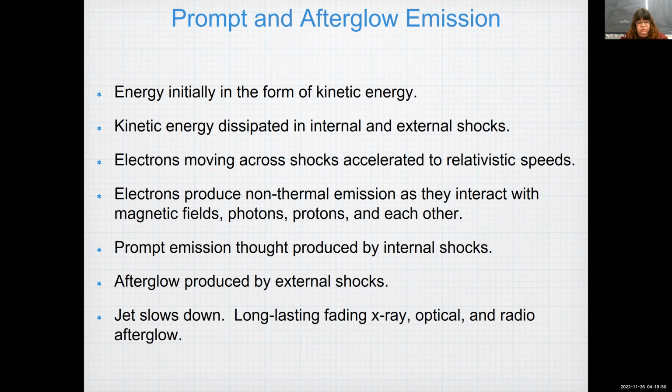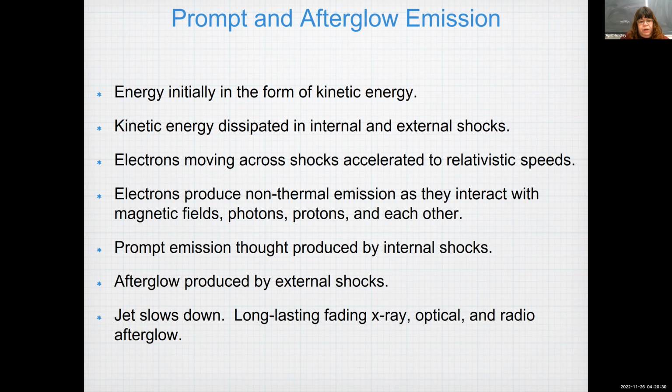And then electrons moving across the shock get accelerated to relativistic speeds. You get non-thermal emission as they interact with magnetic fields, each other, and photons: basically synchrotron, and, what is it, I'm trying to remember, inverse Compton. I took a picture of my screen earlier so I'd remember, because I get slightly confused between inverse Compton and synchrotron self-Compton.